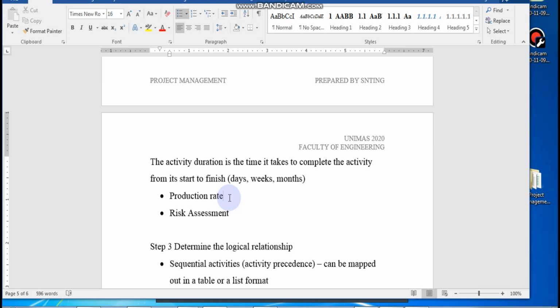How much can a bricklayer lay in a day? How much concrete can the concreter pour in a day? How many batches of concrete can be produced in a day, by this particular plant that you have, whether it's an external plant or internal plant?